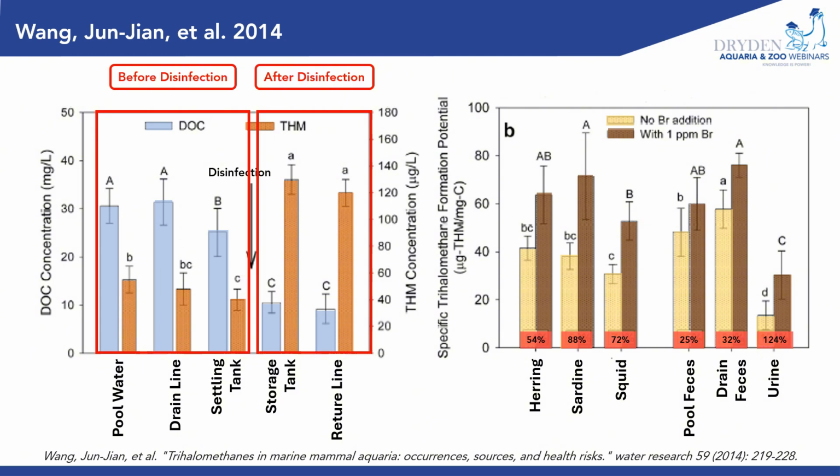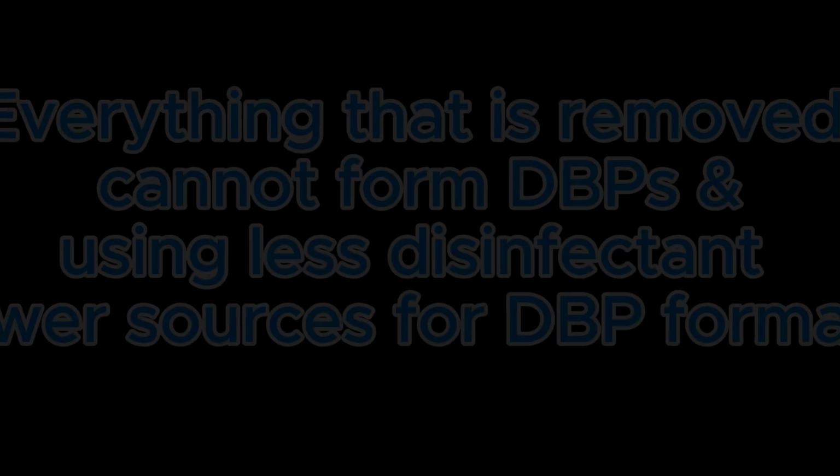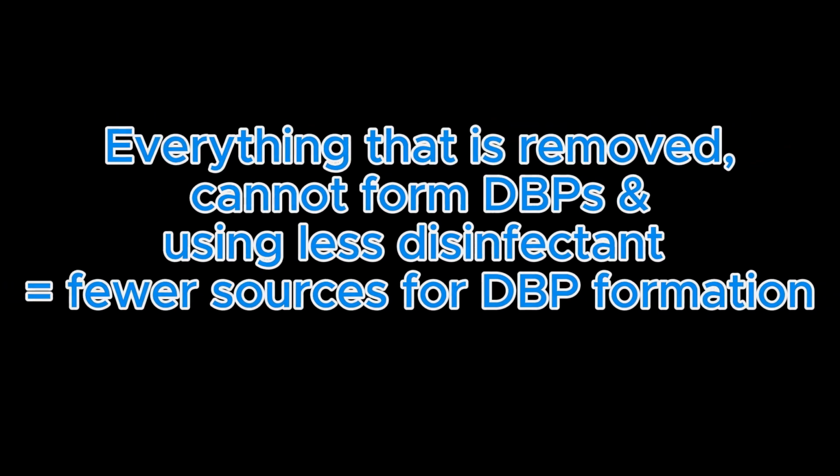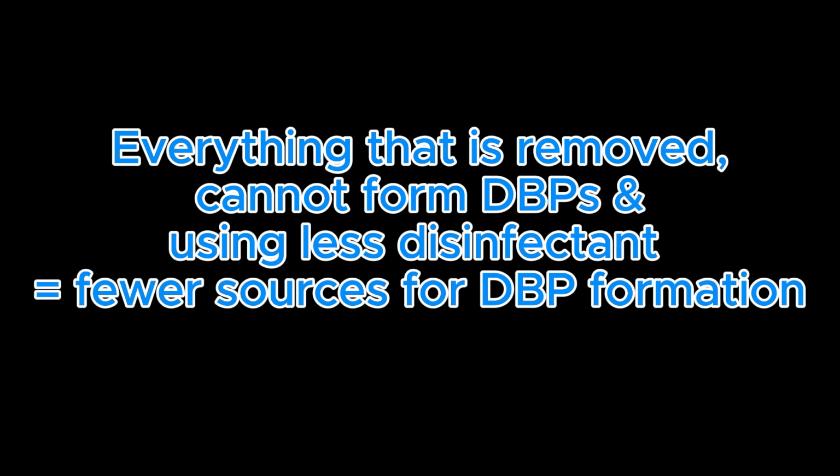They clearly showed that the THM formation happens during the water disinfection process, confirming our previous point. The more organics removed, the less potential for THMs to form. And once again, this reinforces our key message. Mike? Everything that is removed cannot form DBPs, and using less disinfectant means fewer sources for DBP formation.